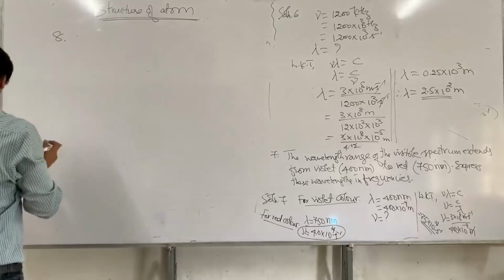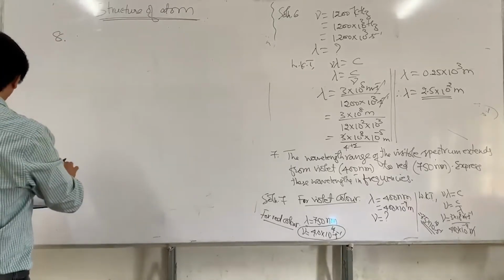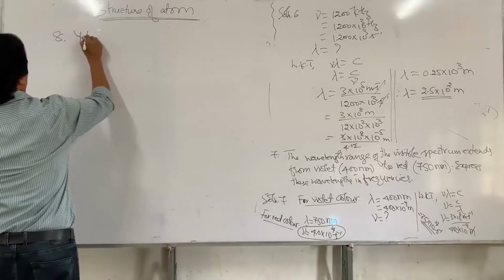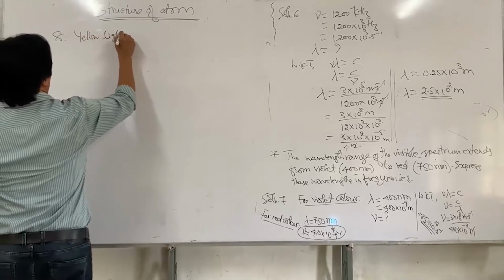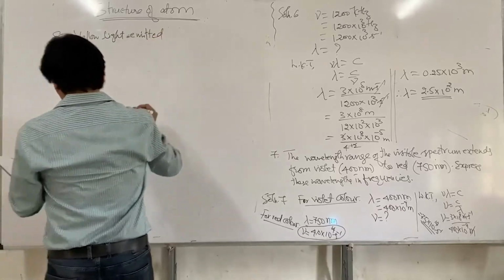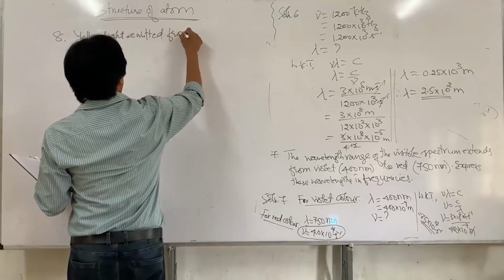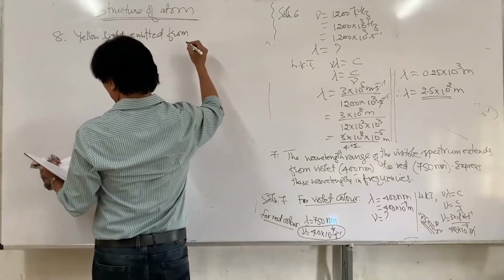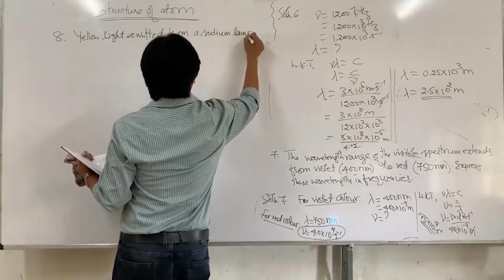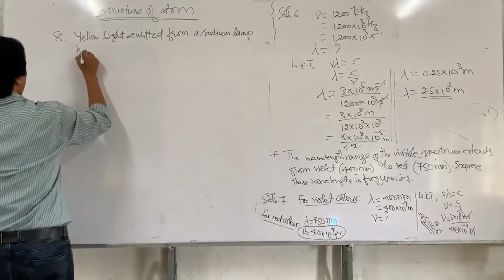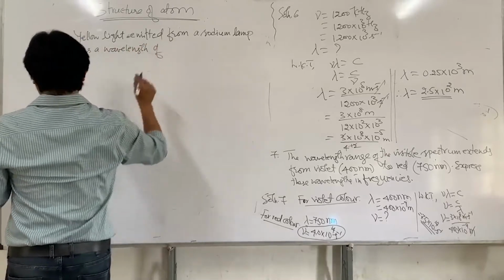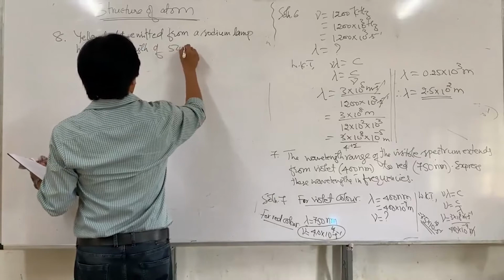Question number 8 says: yellow light emitted from a sodium lamp has a wavelength of 540 nanometers.